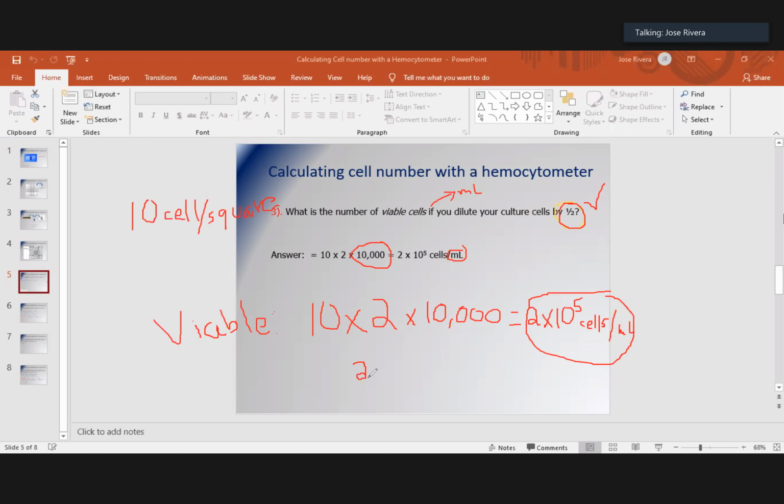You can just say 2 exponent to the 5th. I know you meant this. Then you write cells per ml. That will be your answer. So that way you don't have to write all the zeros, just 10 to the 5th power. Okay, so any questions so far?